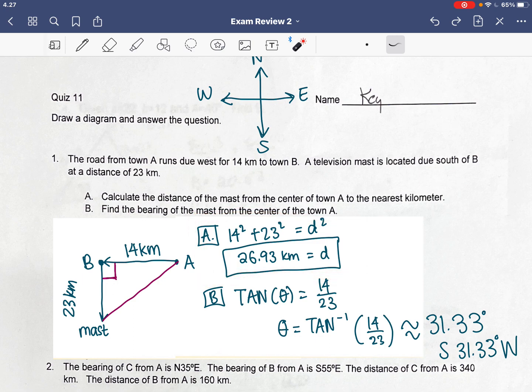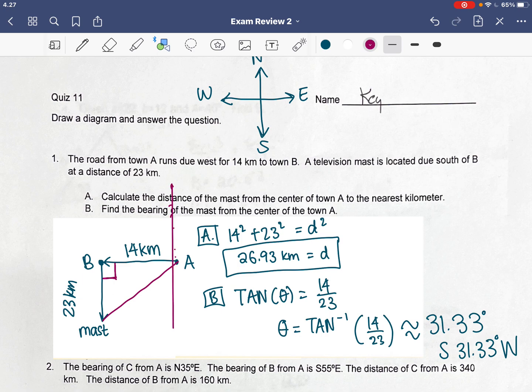Okay, so B here is your bearing question. So it says find the bearing of the mast from the center of the town A. Again, bearing is just asking you from the true north, where is it at, right? So I would draw a straight line here, the vertical true north. Here, I'll draw it here.